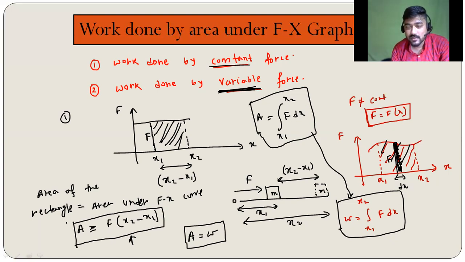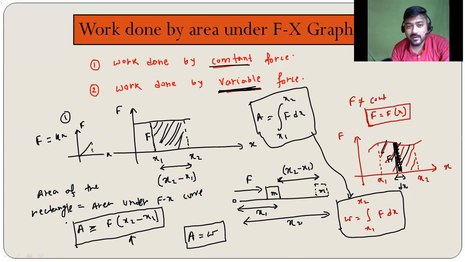But in most cases in problems, we have seen that there will be a straight line, so that we can easily find the area under the curve, which gives the work done by the constant force. Sometimes for variable force also we can find it, because if the force is proportional to x, like F equal to kx, in this kind of situation, you will get an F versus x straight line like this.